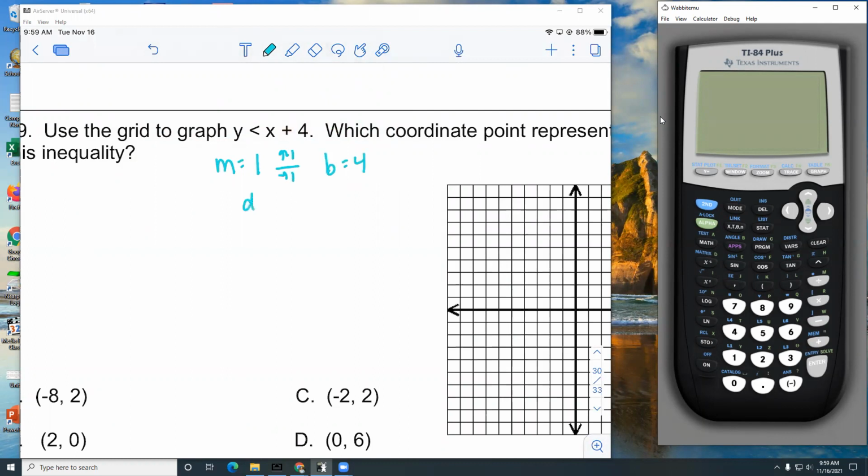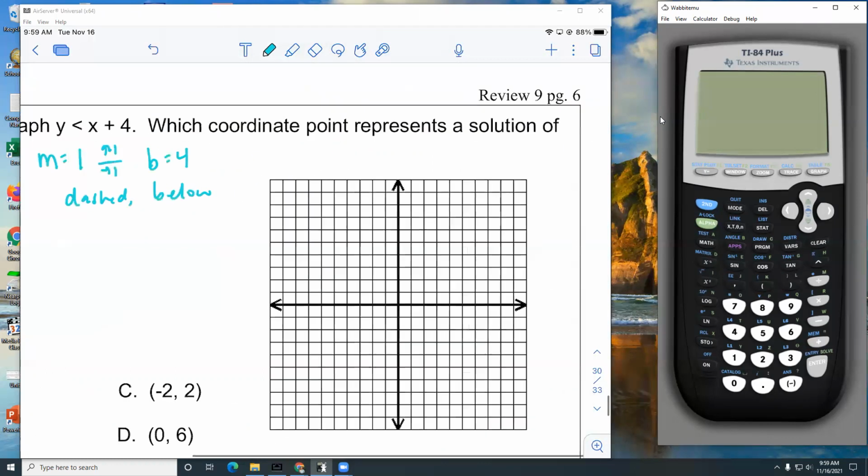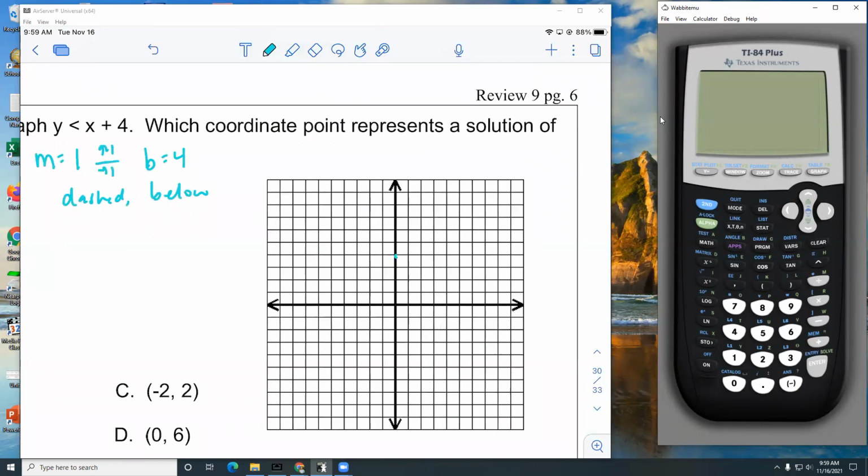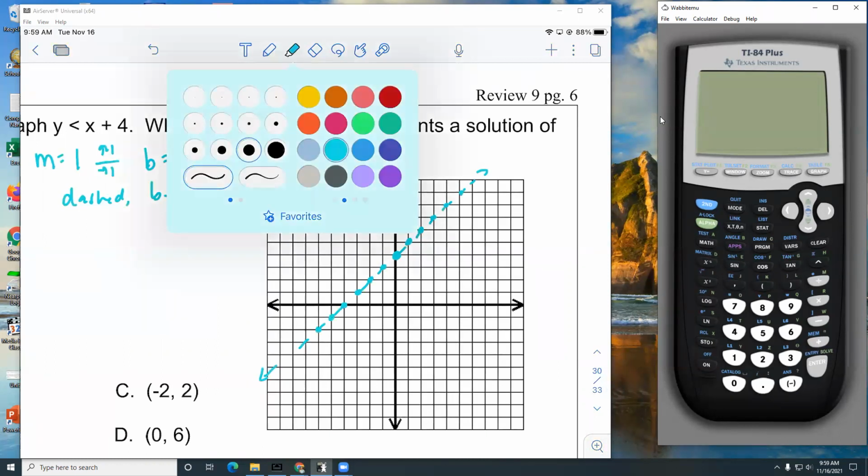It's less than, so I'm going to have a dashed line, and I'm going to shade below. So go up to 4. Go up 1, right 1 each time, down 1, left 1 in the other direction, and draw in your dashed line through your points. And let's shade everywhere below.